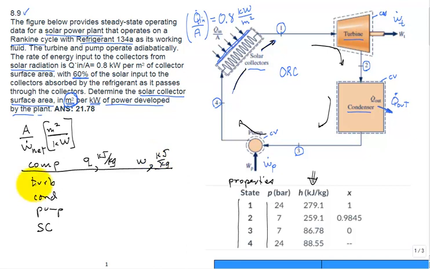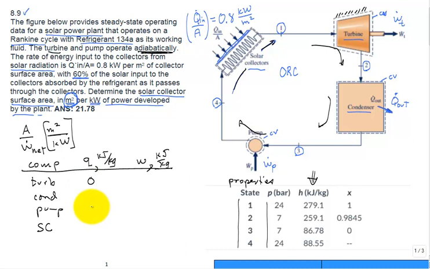Now, you look at the turbine, and the standard assumption about the turbine is that it's well insulated. You look at the problem statement, and it says the turbine and the pump operate adiabatically. So there it is. But even if they didn't say it, you would probably have to make that assumption that it's adiabatic.